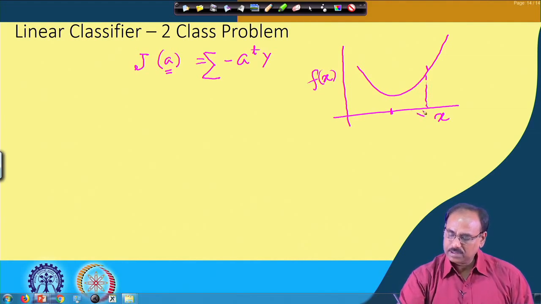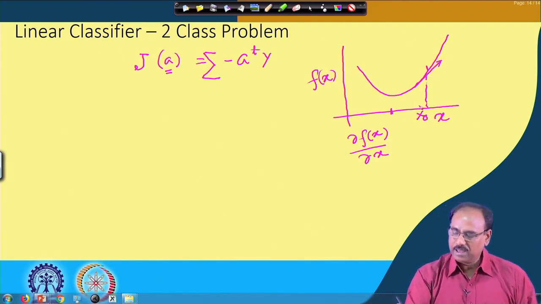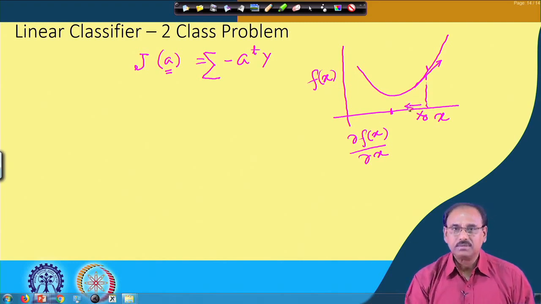So, if I start somewhere over here, this is my x naught, I will take the gradient of f(x) with respect to x. So, what I will compute is del f(x) upon del x, and over here the del f(x) upon del x will be this. What I do is, I move x in the negative direction of del f(x) del x. So, I will move in this direction.